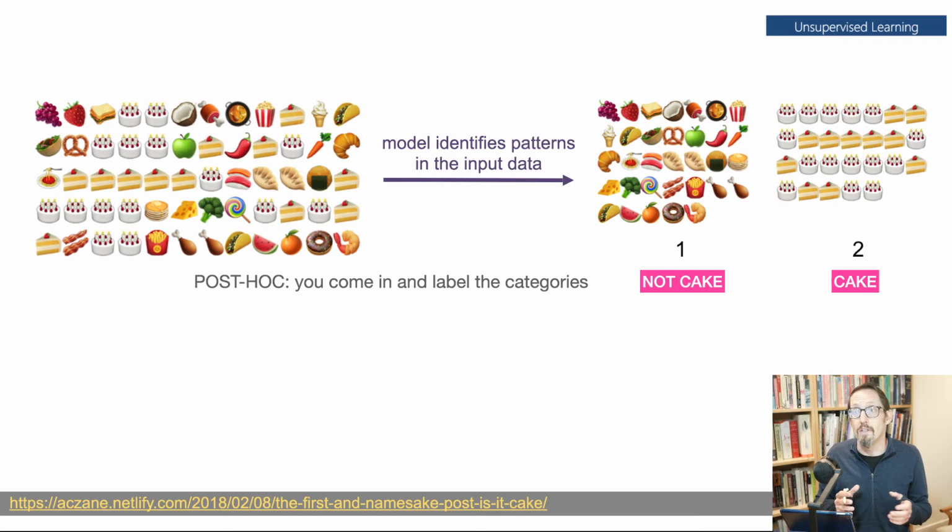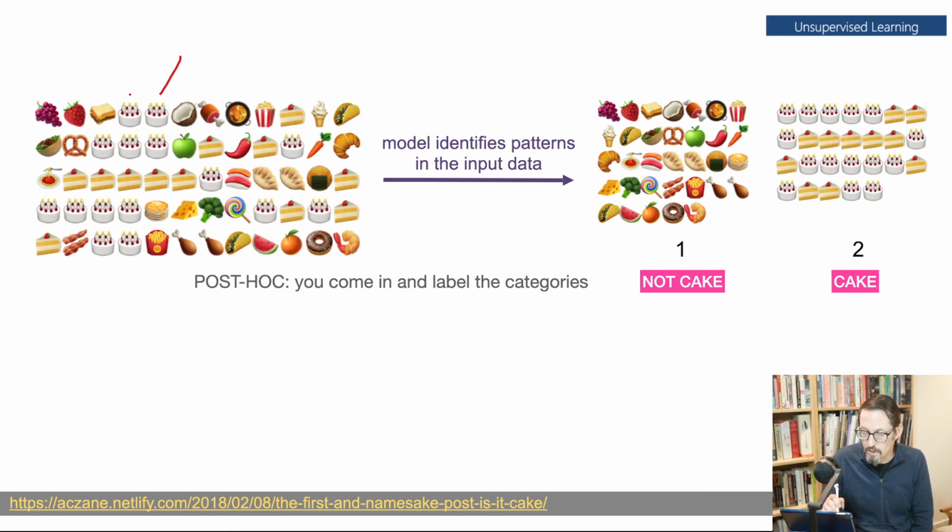So there's no cake label here. What happens is, after the unsupervised machine learning algorithm creates these clusters, you come in post hoc and label the categories as cake or not cake. You don't label every single instance, right?